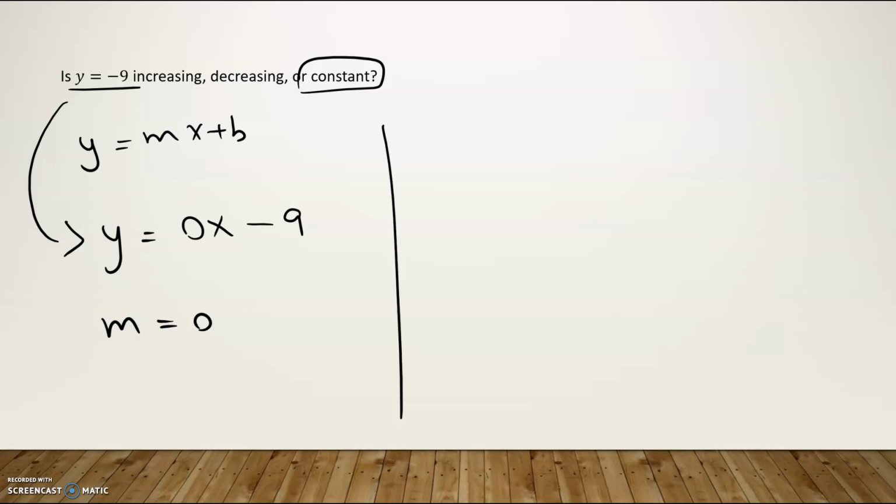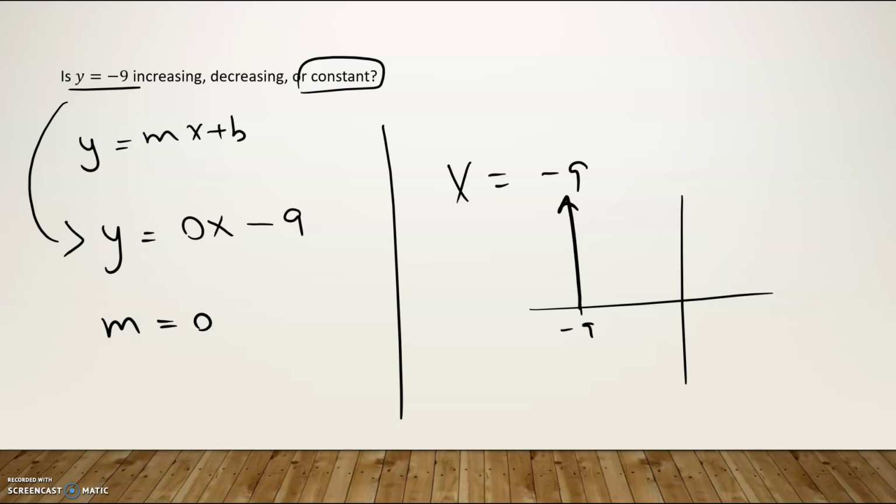Now be careful when you have something like this, x is equal to negative 9. That is not actually a function, because when you graph this, and we'll get to this a little bit later, here's negative 9, you would have a vertical line. And remember, the vertical line test is to test whether a function is a function.